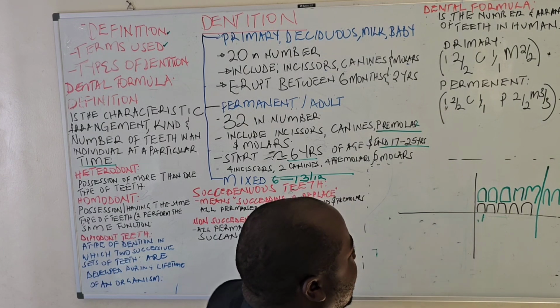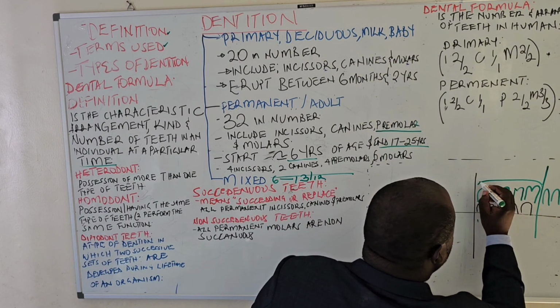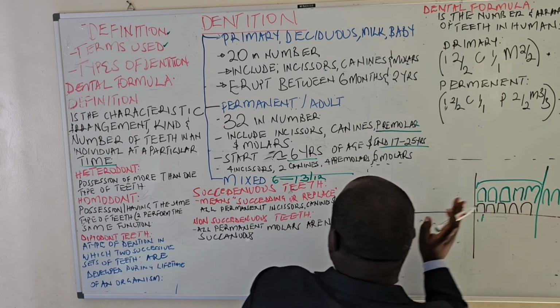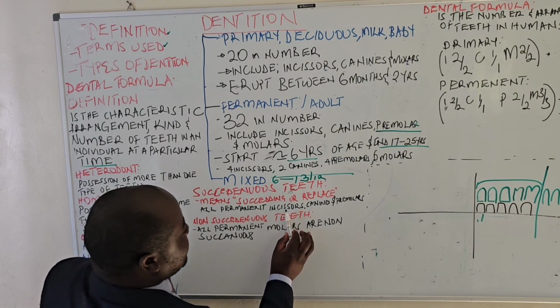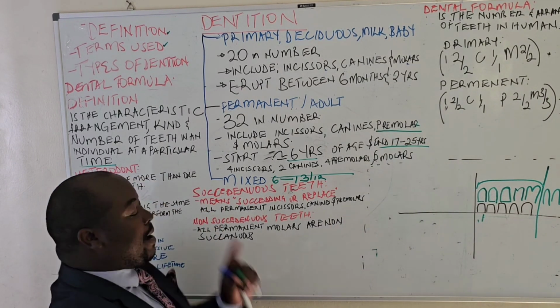molars. In other words, all these teeth that have replaced the primary teeth are called succedaneous teeth. And that's why we are saying that we have incisors, canines, and premolars, permanent ones.